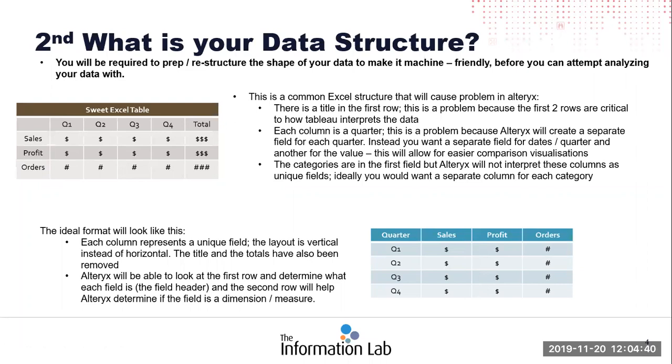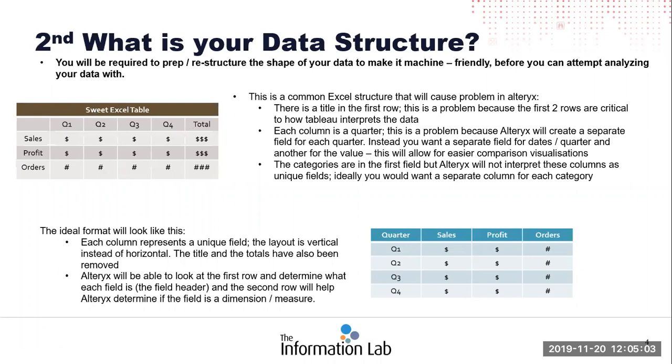Firstly, in Alteryx, it will take your header names from the first row of your table. So if your header name is not your actual column names, this will cause problems in being able to read how many columns you actually have and being able to understand how to name your headers.